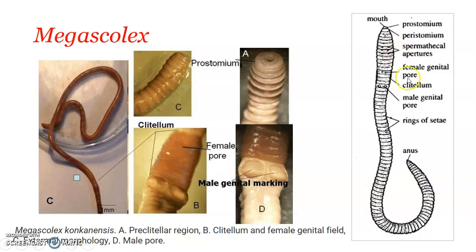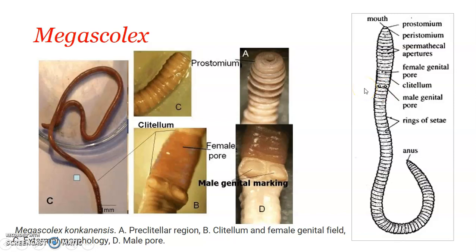Then we have the female genital pore, two small openings on the ventral side of segment 14. This is the 14th segment, and that is where the clitellum begins, running till the 17th segment. And the male genital openings are paired on the ventral side of segment 18.